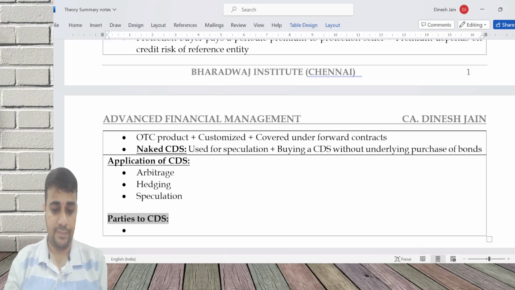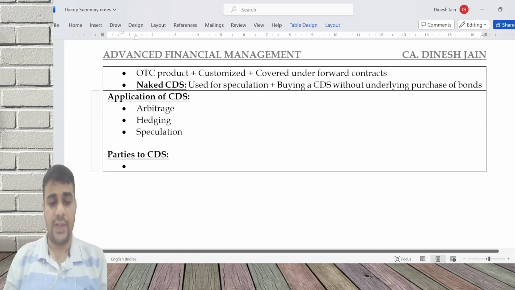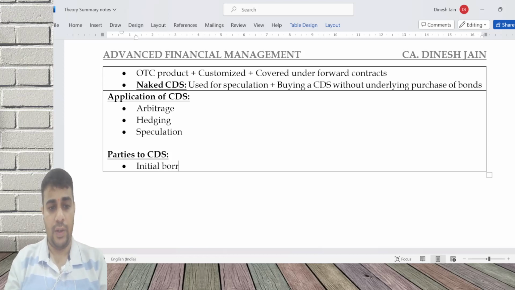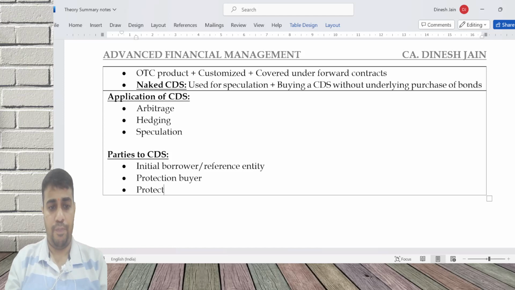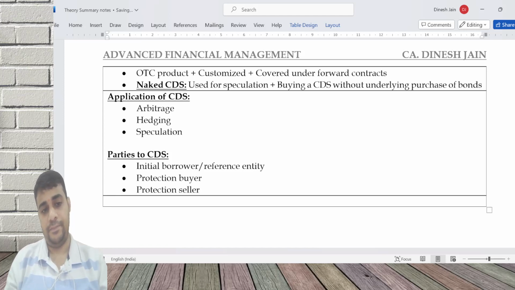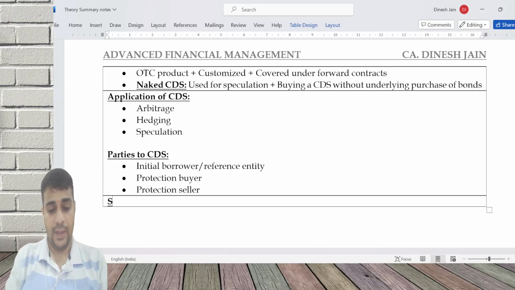Parties to CDS, you can write a line of explanation on the side if you want: initial borrower, slash reference entity, protection buyer, protection seller. These are the parties to a CDS arrangement. Application of CDS and parties to CDS. Then the settlement process.